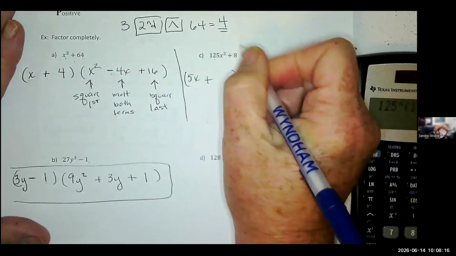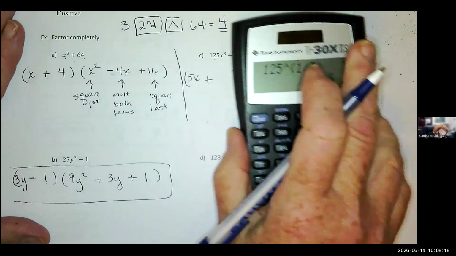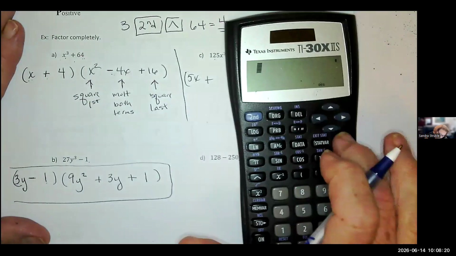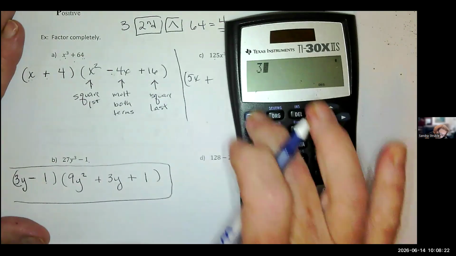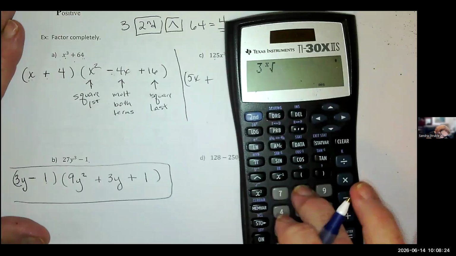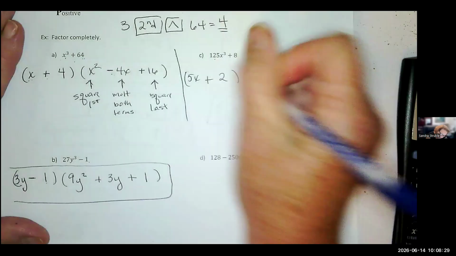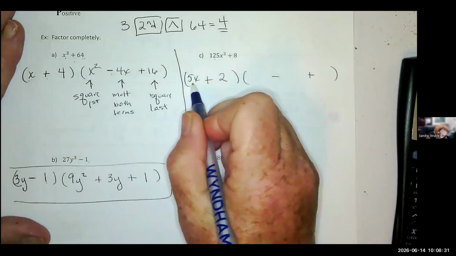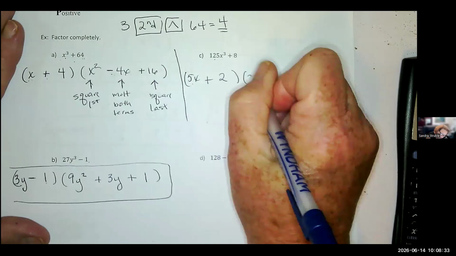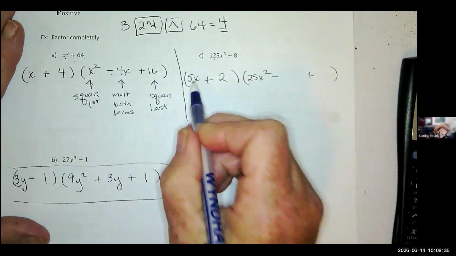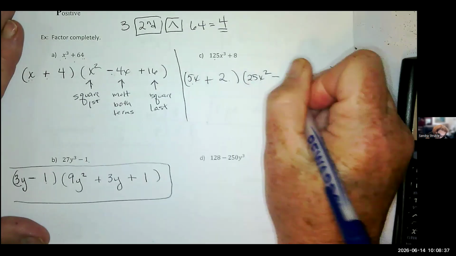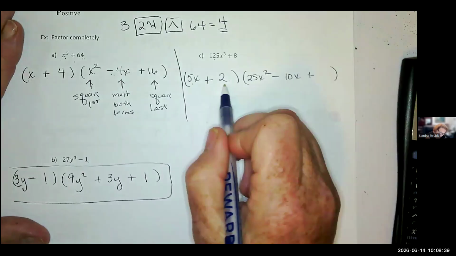For 8, I'll do the opposite one, 3, second, caret, 8 equals, and that is 2. All right, for my trinomial, I square the 5x squared, so 25x squared, multiply 5x times 2, that's 10x, and then square the 2, which is 4. That's it.